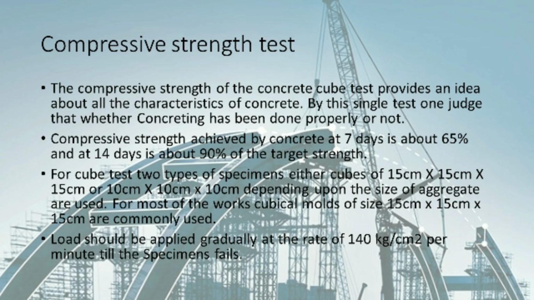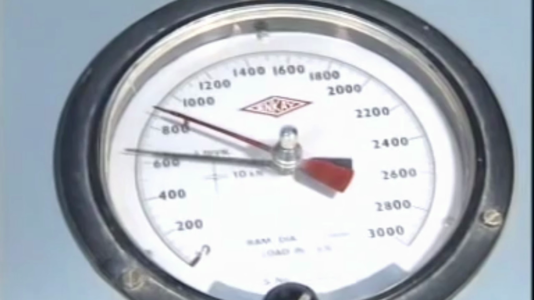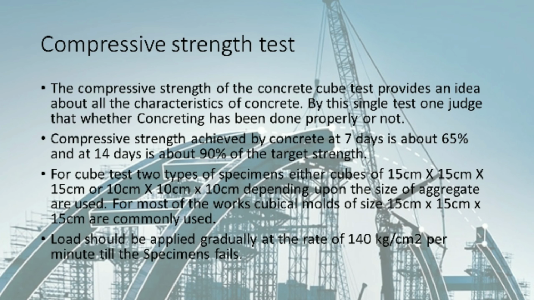For most works, cube molds of size 15 cm times 15 cm times 15 cm are commonly used. Load should be applied gradually at the rate of 150 kg per square centimeter per minute till the specimen fails.